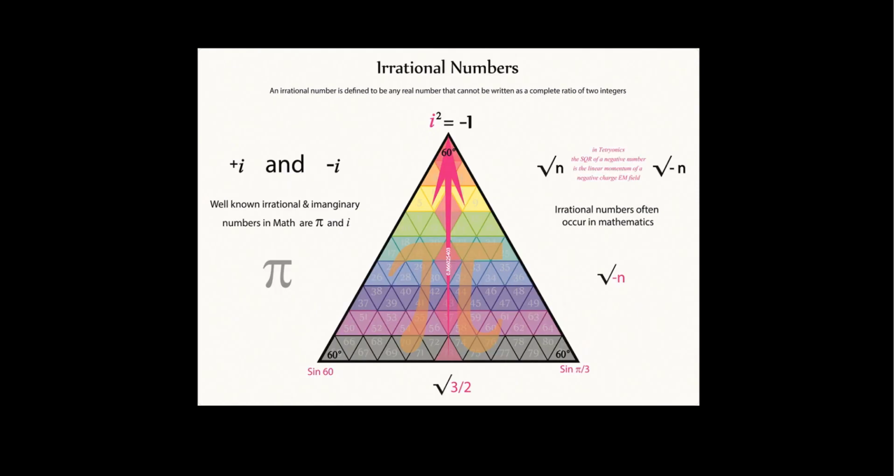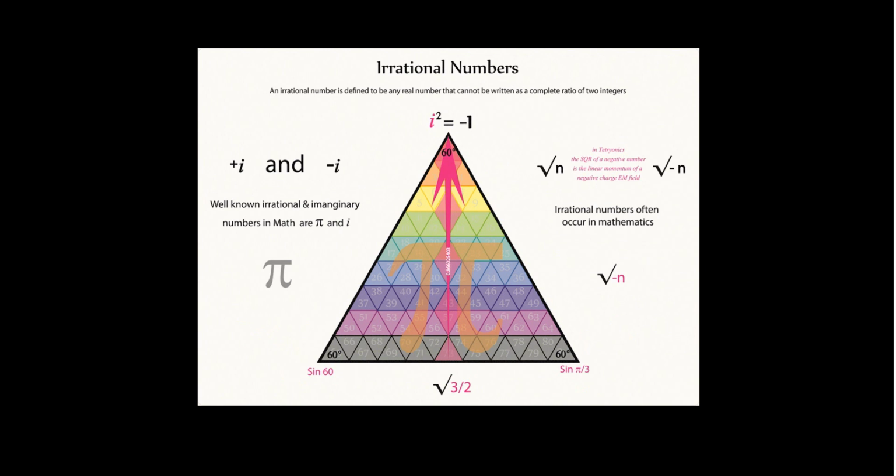As I said, the vector forces of this square root linear momentum is sine 60, obviously, because it's an equilateral triangle where all the angles are 60. So the height of the equilateral triangle, or the square root of the linear momentum, is sine 60 with respect to the length of the side. Square root of 3 on 2, sine 60.